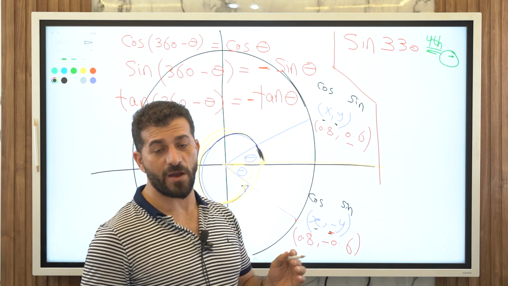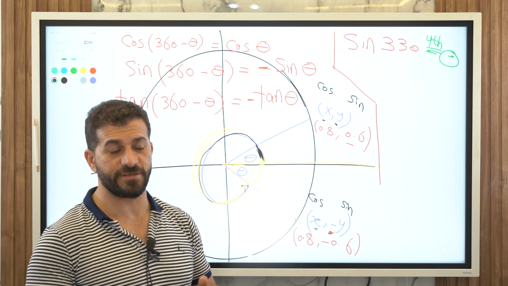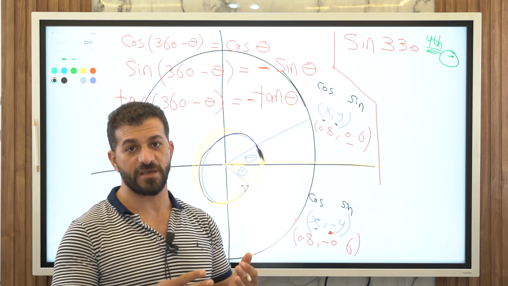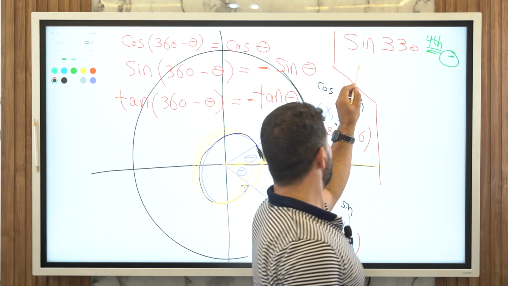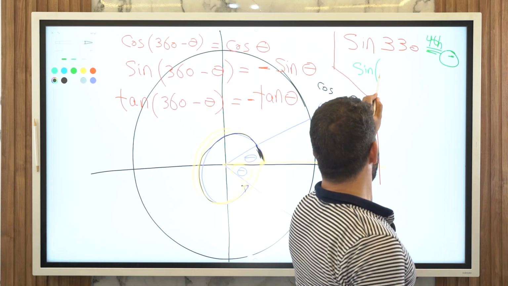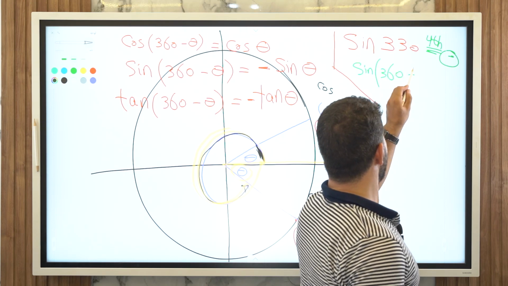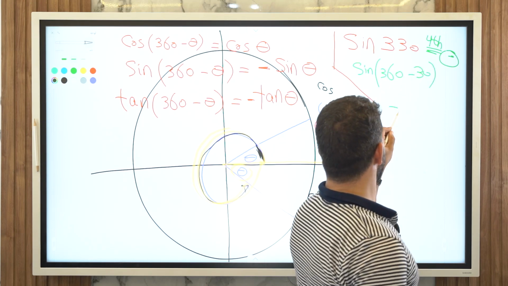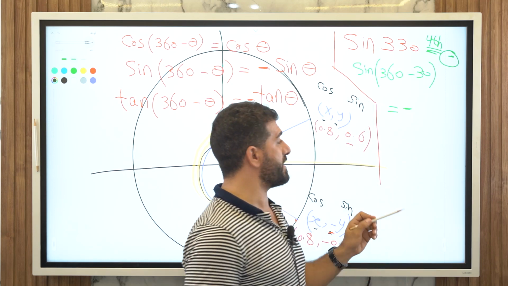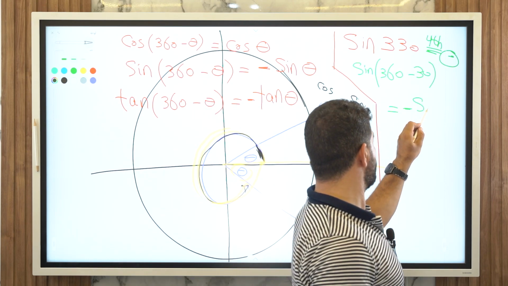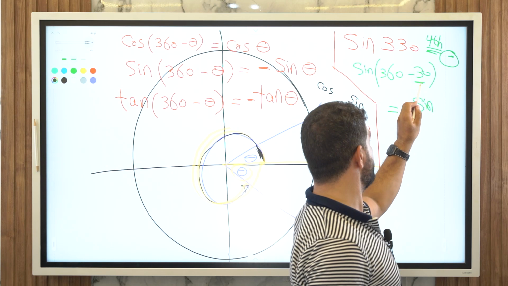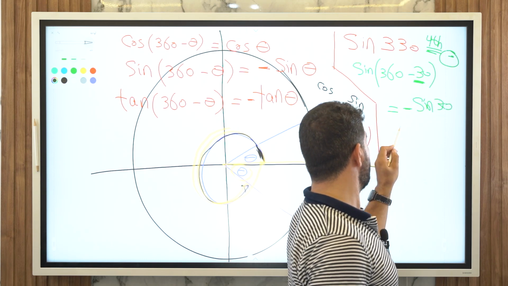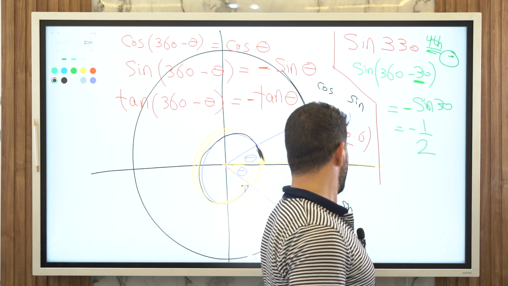Now how can we express 330 as 360 minus a special angle? We can write it as sine 360 minus 30. That will be equal to negative sine of this angle here, 30. So it's negative sine 30, which is equal to negative half. That's it.